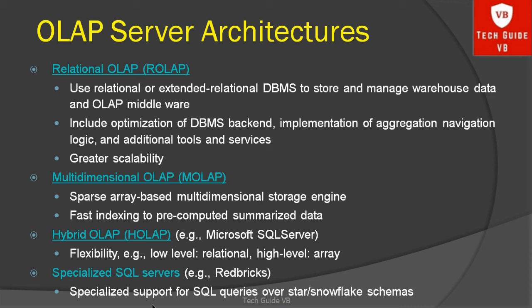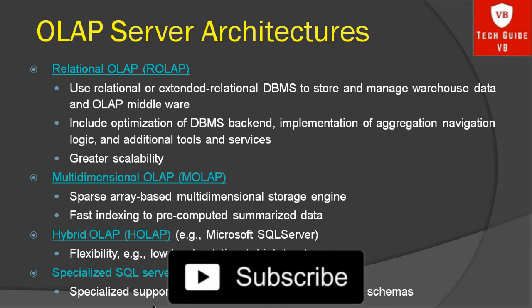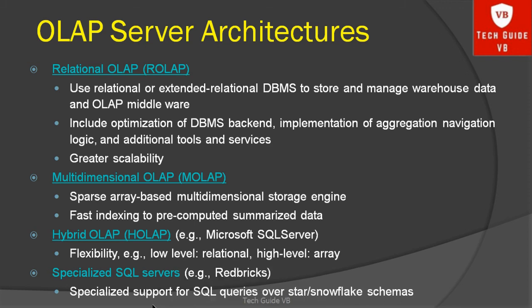It uses a relational or extended relational database to store and manage warehouse data, plus OLAP middleware. It includes optimization of the database management system backend, implementation of aggregation, navigation logic, and additional tools and services. And it has greater scalability. So relational OLAP is one of the important OLAP server architectures.